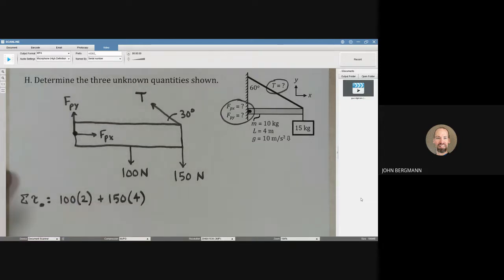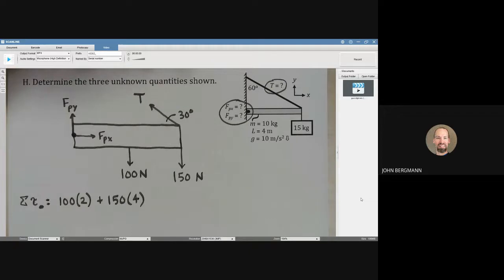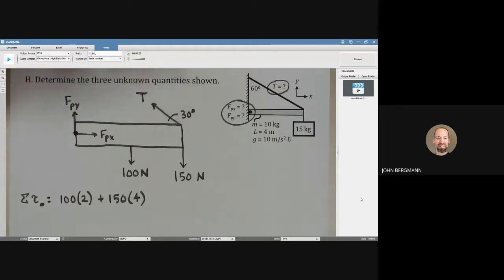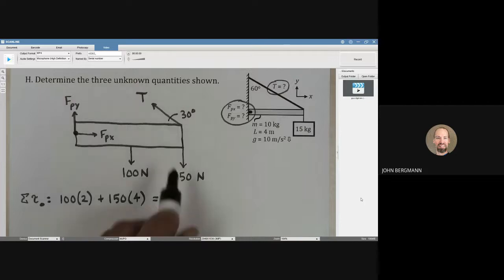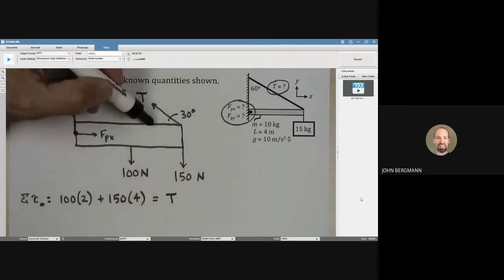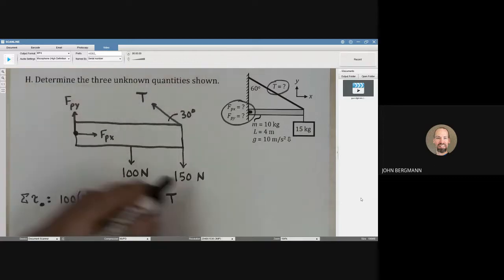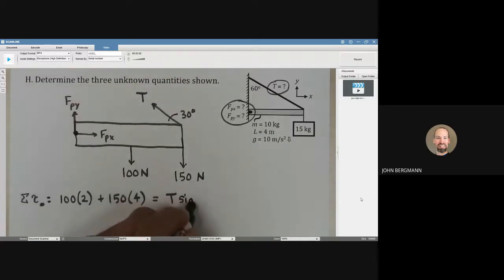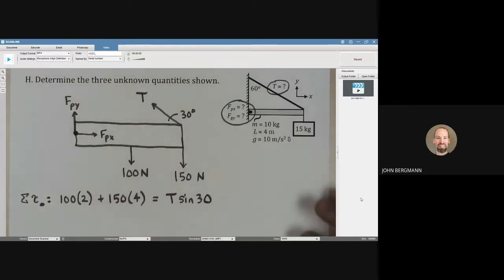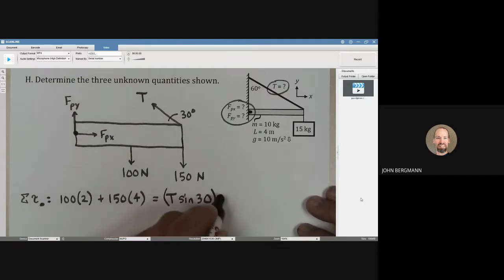Those are both attempting to rotate this system clockwise, but then the tension, specifically a certain component of the tension, namely the tension times the what? It would be the upward component of tension, which acts on the end, so that's going to be sine of 30. Tension sine of 30, that's the force that is perpendicular to the lever arm, which is 4.